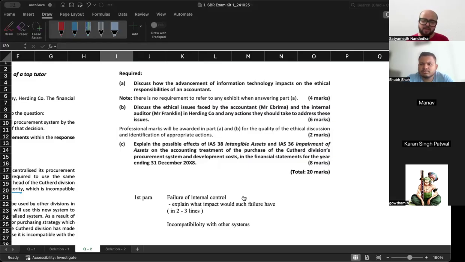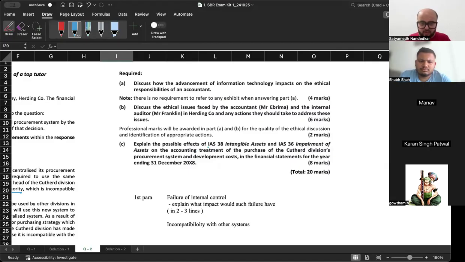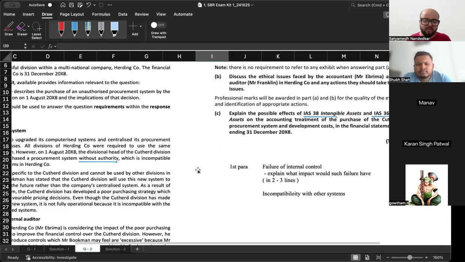Okay, if the technology is getting outdated, can we say that it will stop giving you future economic benefits? Yes, sir. Correct, sir. Now, if we are saying that the technology is likely to get outdated, they are asking you questions about possible effects of IAS 38 and IAS 36 on the accounting treatment of the Cutherd division's procurement system and development cost.